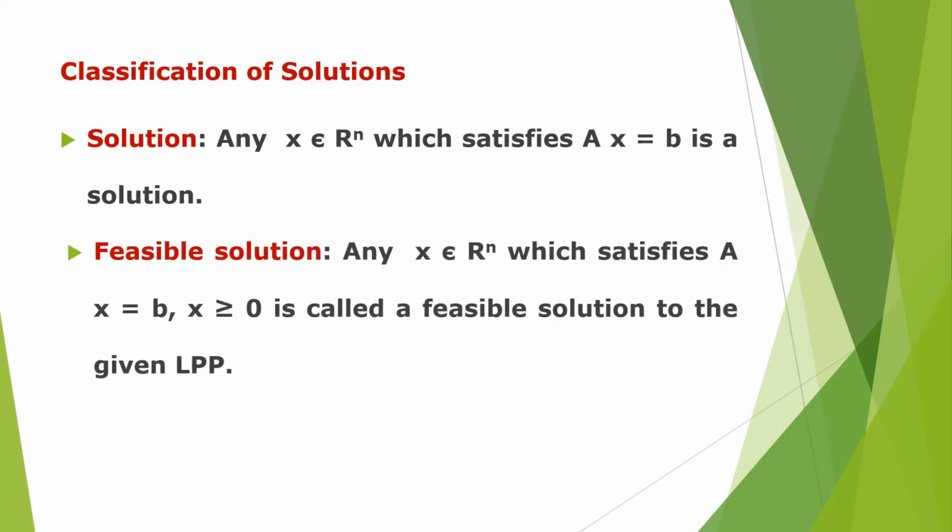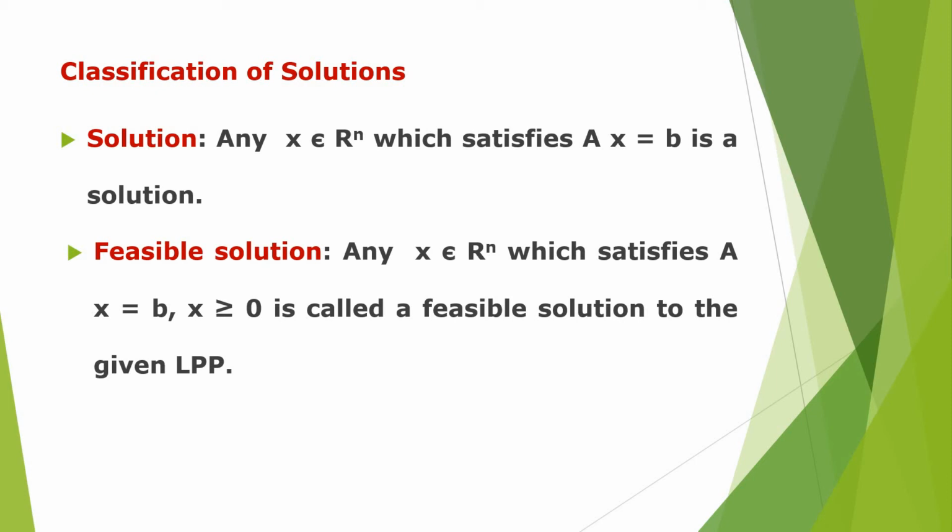Now out of this, we have a feasible solution: a solution which satisfies Ax equal to b and x non-negative is called a feasible solution to the given LPP.